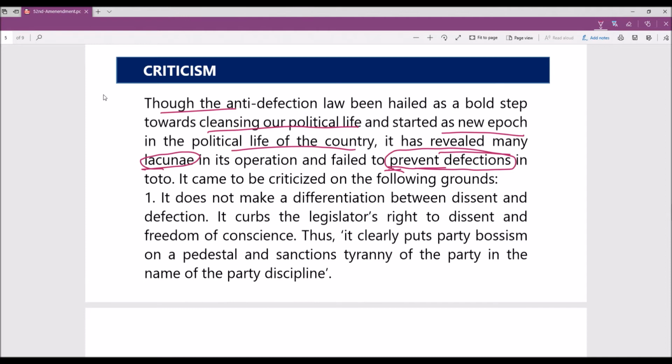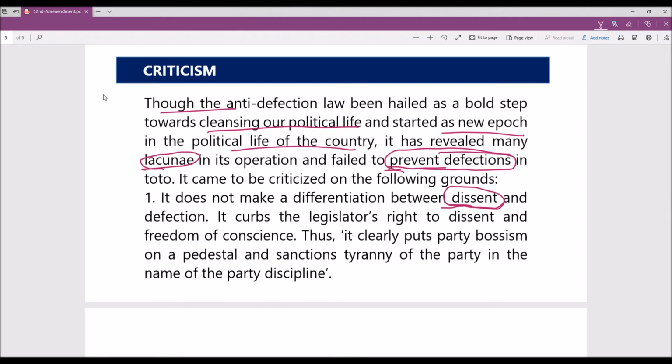It does not make a differentiation between dissent and defection. There is no one listening to dissent. I am a member of a party but I do not like a decision, and I am appealing against it, or I am not voting in favor of this bill because I am against it, though my party passed it. In case of dissent, it is not allowed, because you have to follow the whip of the party.